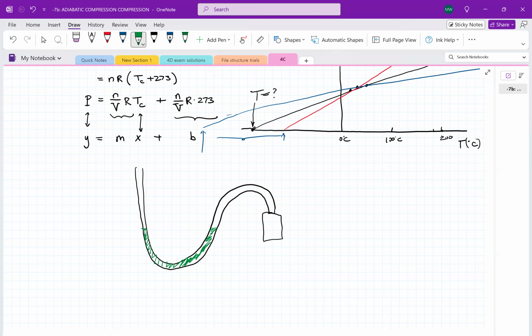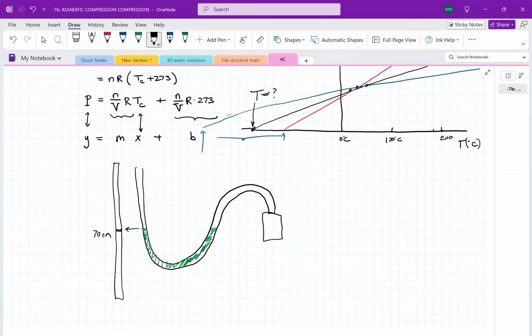Now, if you have seen the other video, or if you haven't, what I did was I hung a tape measure right next to it, and I would say, all right, what's that reading? The reading on that tape measure, say 70 centimeters, is atmospheric.